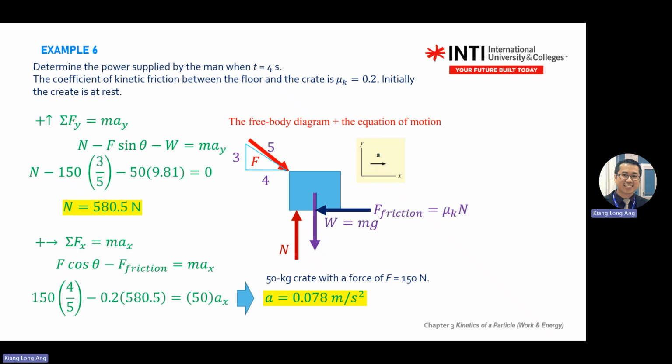Understand the concept first. Don't chase after the numbers. Right. So the first step in solving any engineering dynamics question, you need to know how to draw the free body diagram first. Draw the free body diagram, then look into the question. Identify which chapter this question is: chapter 1, chapter 2, chapter 3.